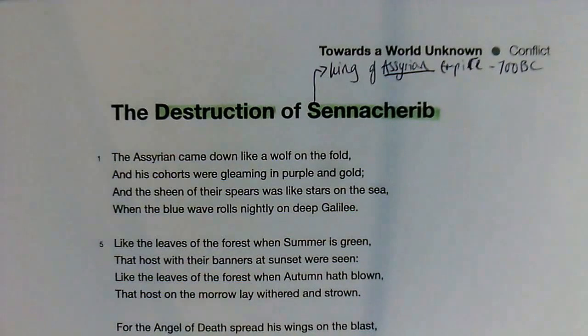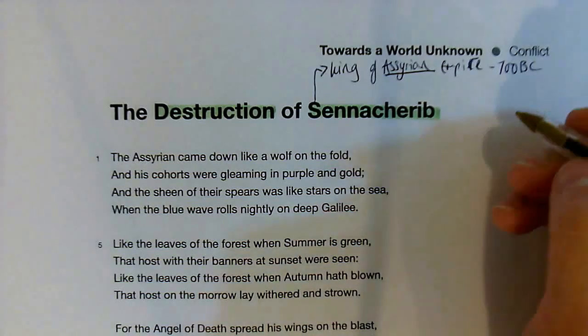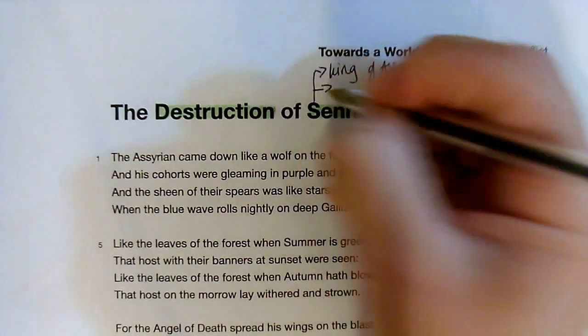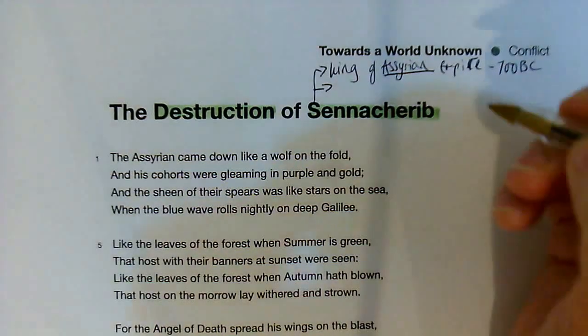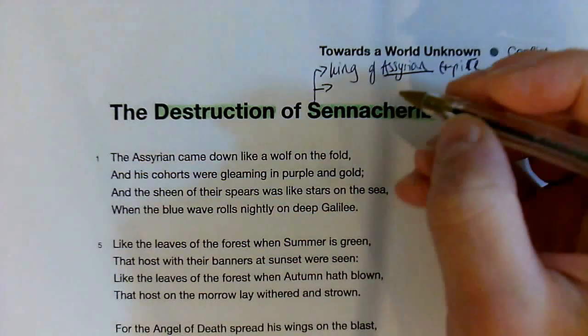So it was a huge empire, and the way that they got their empire was in the old-fashioned way of invading, imposing ideology on the country that they'd invaded, and just occupying the land. So the king of Assyria, this guy Sennacherib, had done that, and he'd marauded through lots and lots of different regions.